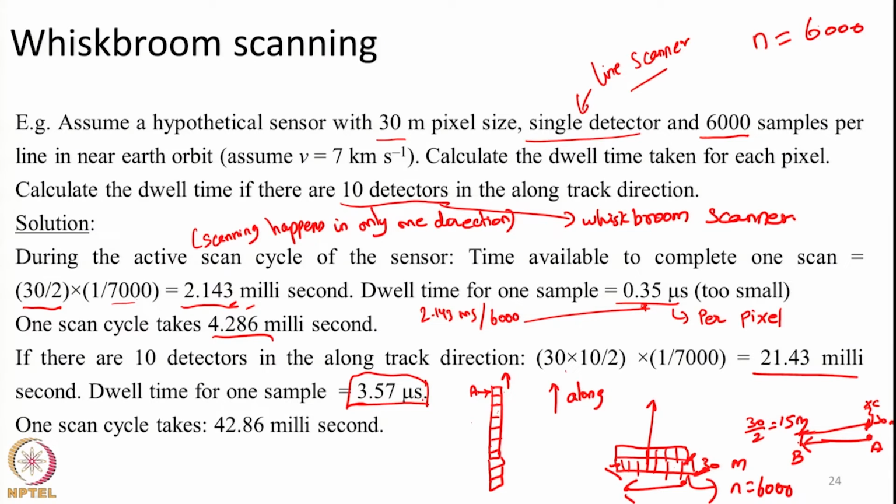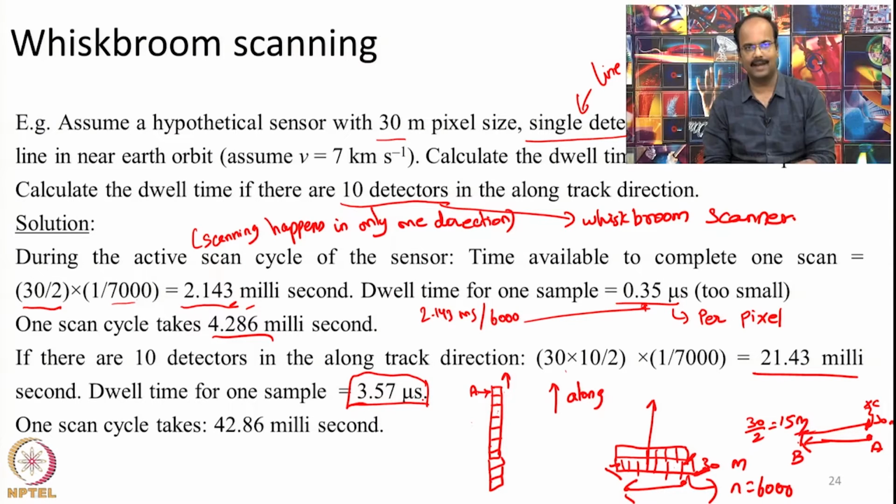So, having more detectors in the along track direction, that is whisk-broom scanning, will help us get more dwell time than having only one detector, called the line scanner.